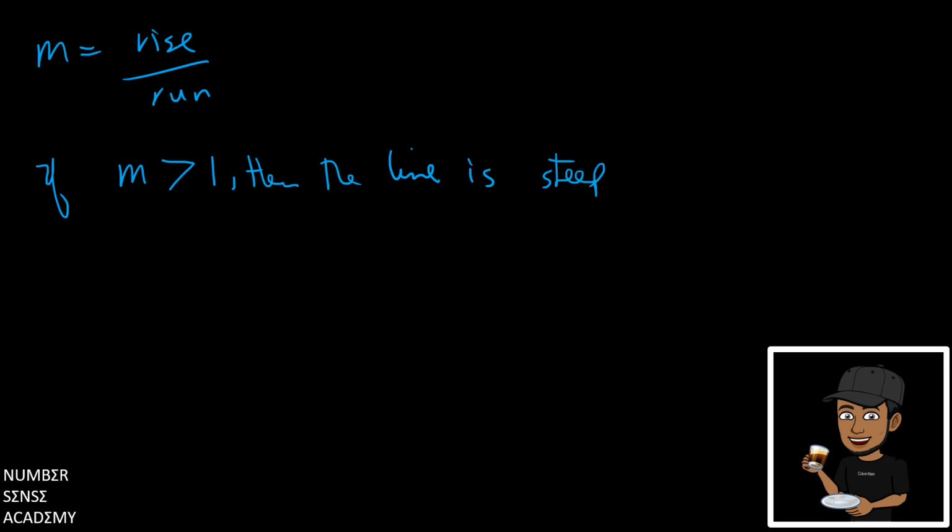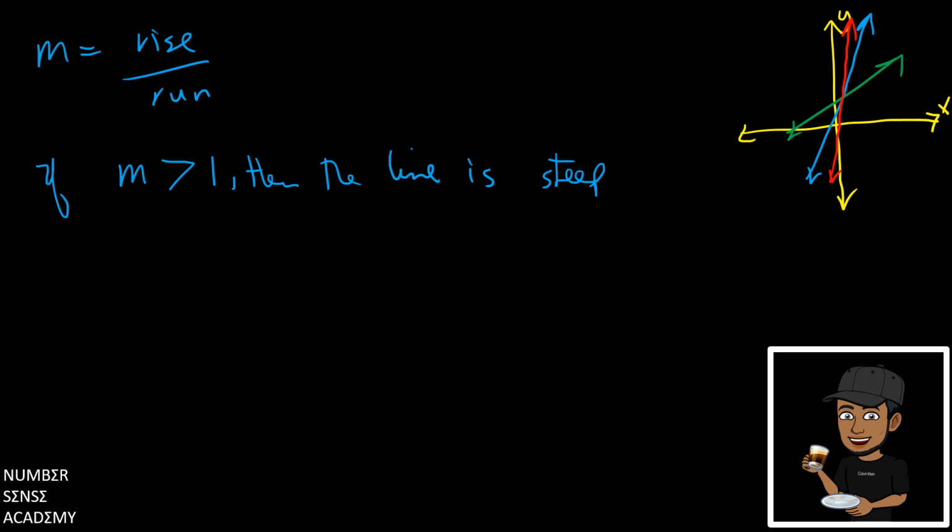Now, if you want to compare very steep, then you have to compare it to the x and y axis. Because, for example, that's steep, but that's steeper, and this is even steeper. Okay, so you need really big values of m to make it steep.